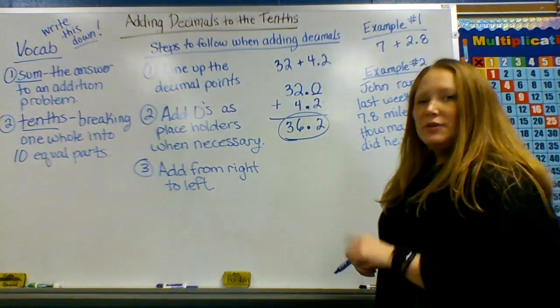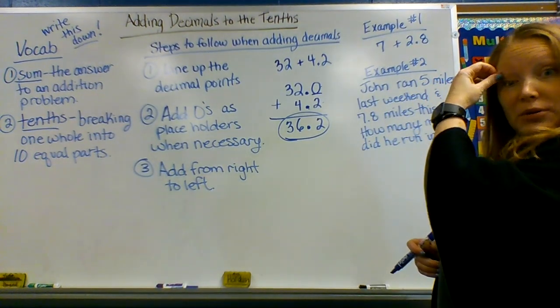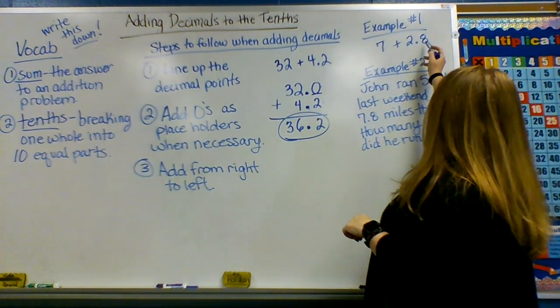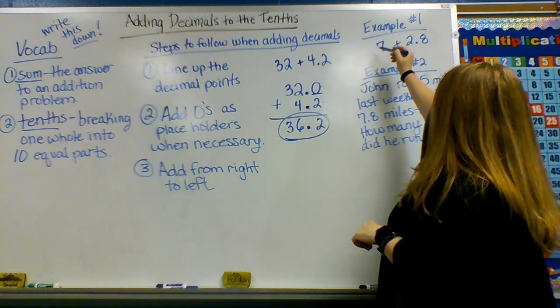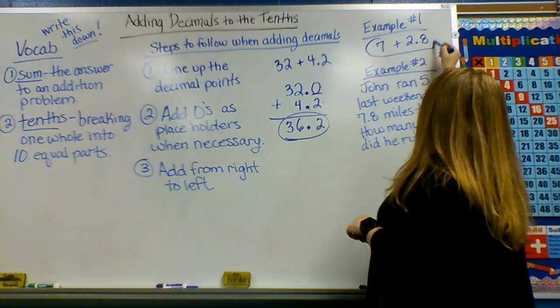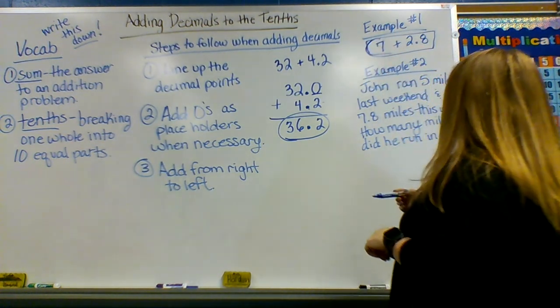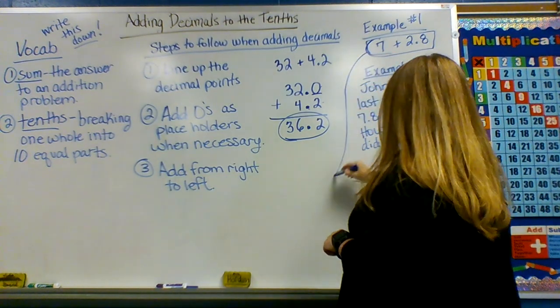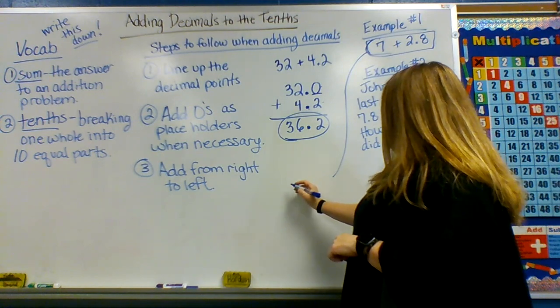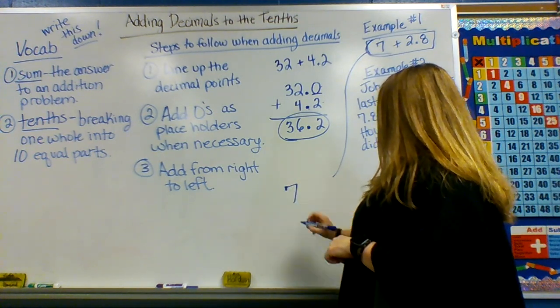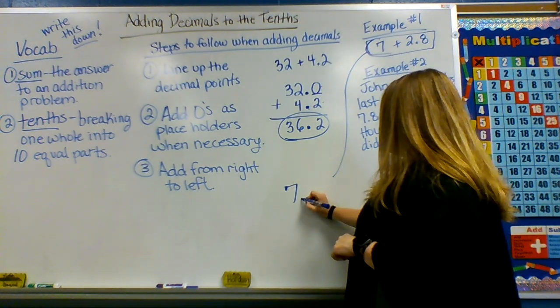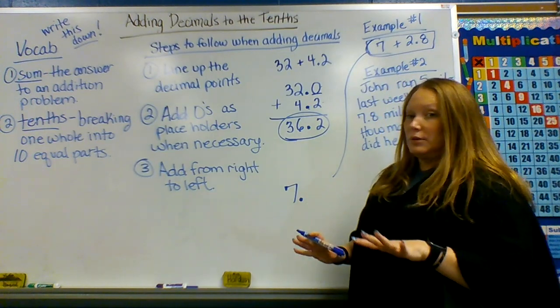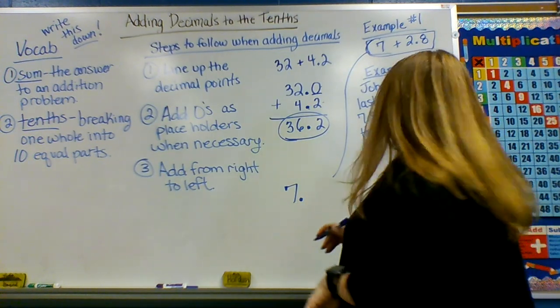So now let's do our next example. Example number 1, I wrote it right here: 7 plus 2 8/10. I'm going to move this down here. So now I have 7 wholes. I'm going to put a decimal point after it because I know it's a whole number. I may have to put some zeros after it.